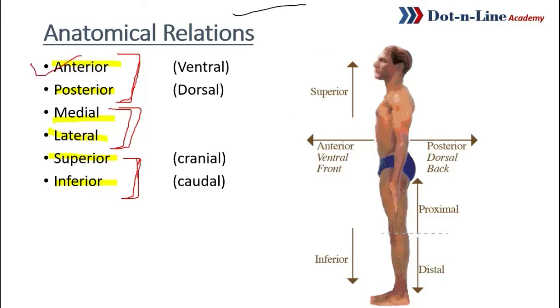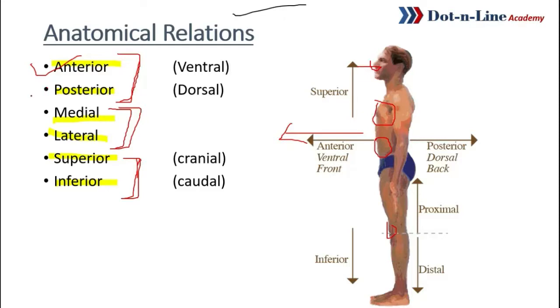Any body structure that is towards the front of the body is anterior. The nose is anterior, the chest is anterior, the abdominal wall is anterior, the kneecap is anterior. Any body structure that is in front is anterior.